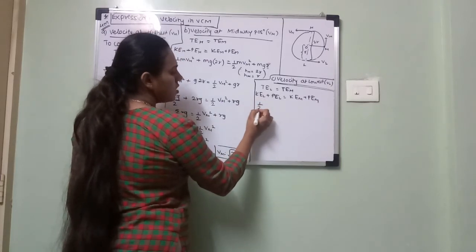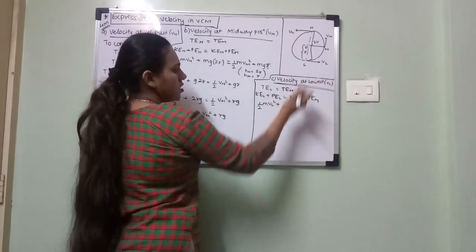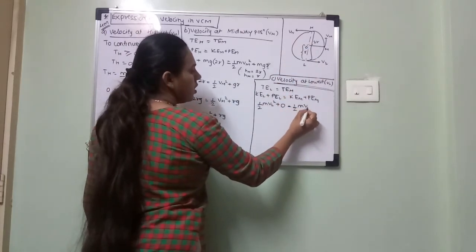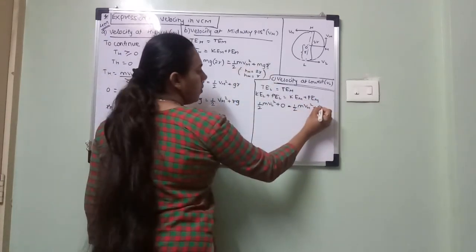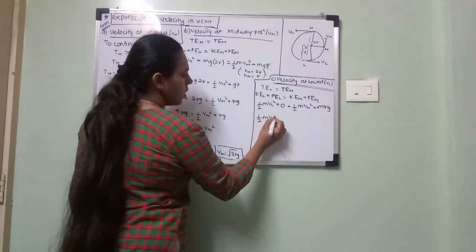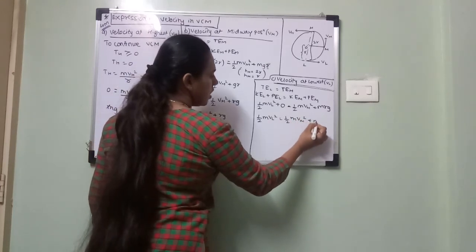Kinetic energy at lowest is half mvl square, plus potential energy at lowest is 0 because there is no height, is equal to half mvm square plus potential energy at mid, which is nothing but mrg. So half mvl square is equal to half mvm square plus mrg.